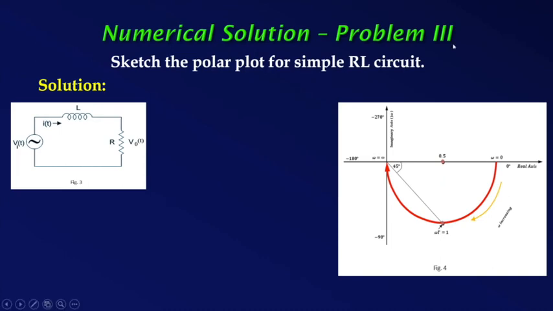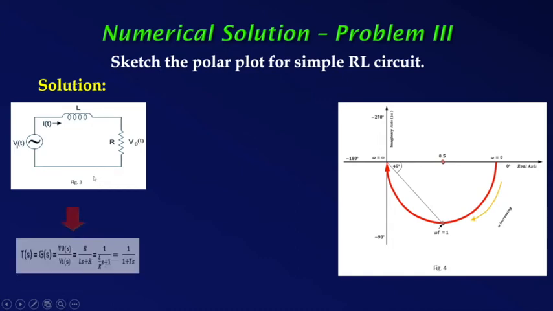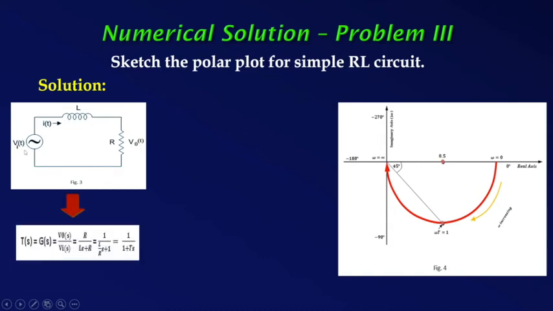Numerical solution problem 3. Sketch polar plot for a simple RL circuit. Then draw the RL circuit. Input voltage is Vi, output voltage is V0, and the current passing through the circuit is I. Taking KVL and Laplace equation, Vi is equal to L s I(s) plus R I(s).